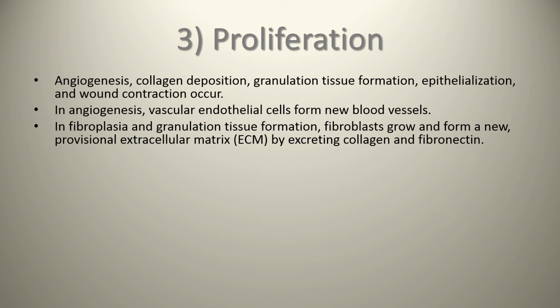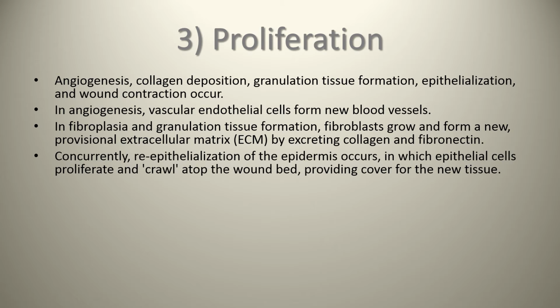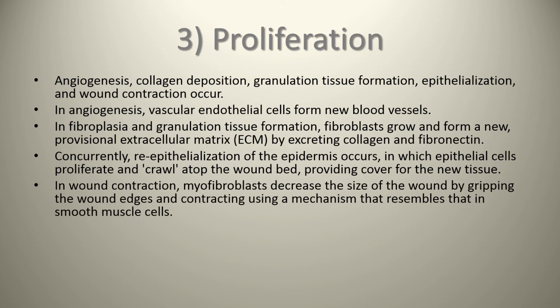Concurrently, reepithelialization of the epidermis occurs, in which epithelial cells proliferate and crawl atop the wound bed, providing cover for the new tissue. In wound contraction, myofibroblasts decrease the size of the wound by gripping the wound edges and contracting using a mechanism that resembles that in smooth muscle cells.